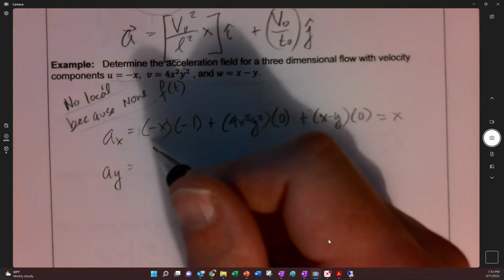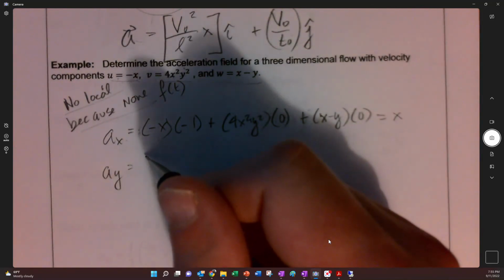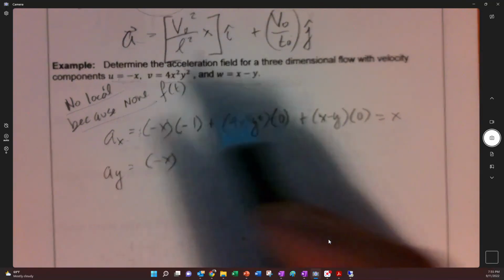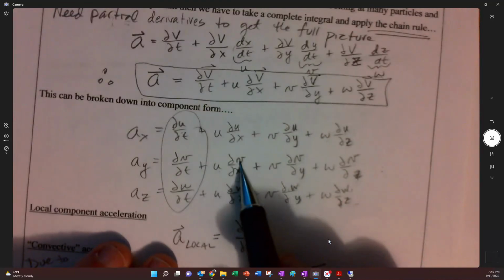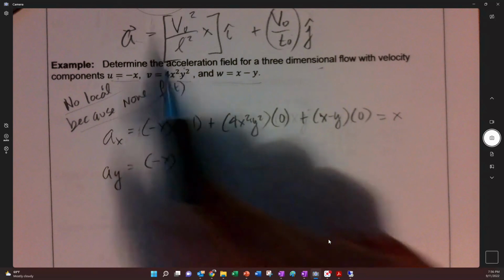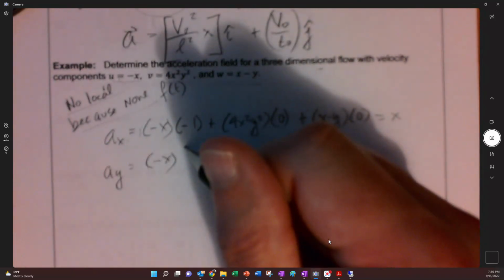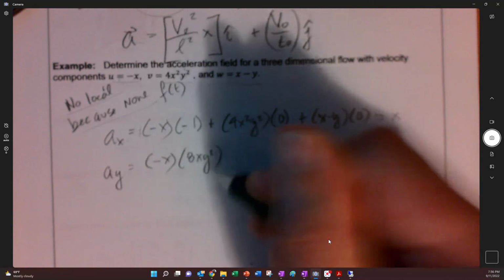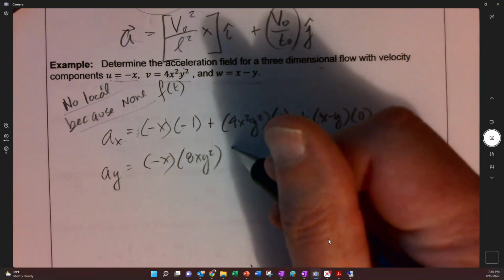So if I write down now the u for this, here is the u, negative x, but now I'm going to multiply it by del v del x, and del v del x is going to be the 8xy squared, right? So that's the correct one.